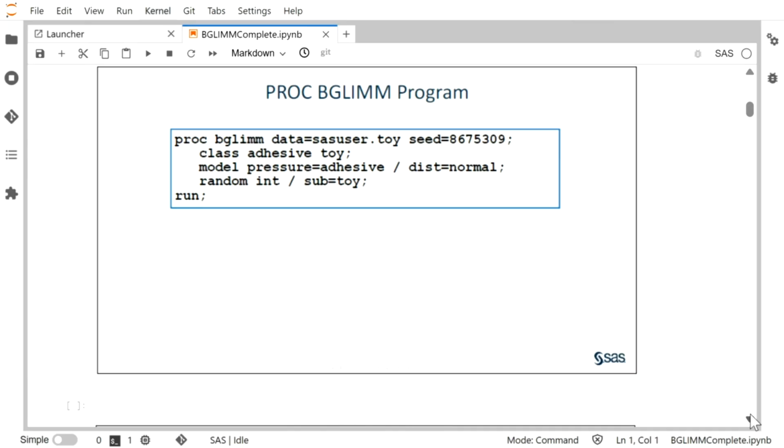Now, granted, will everything be able to be brought into BGLIMM? No, it will not, because there are still going to be limitations on the types of priors that you can bring in. There are limitations on things you might be able to do with the structure of your problem. But when that happens, do we still have your back? Yes, we do.